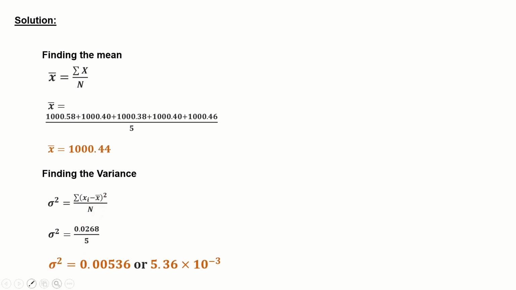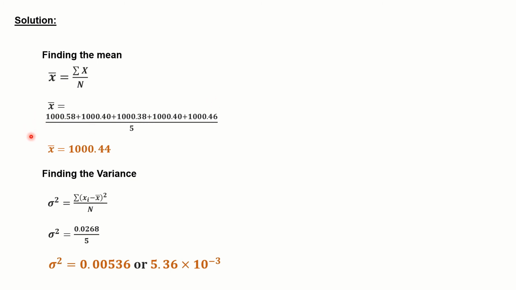So the variance is now equal to 0.00536 or 5.36 times 10 raised to negative 3. This is a very small number, meaning that our data set are very close to each other. So our measurement is precise.